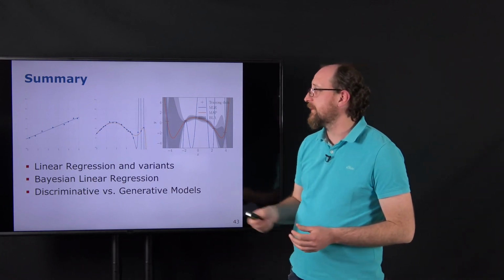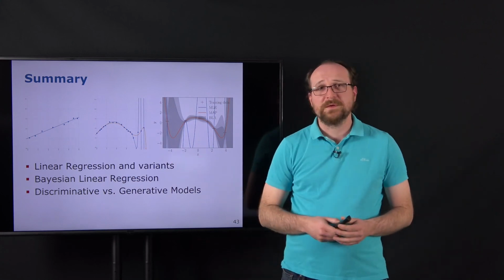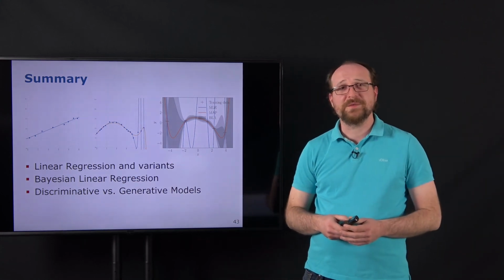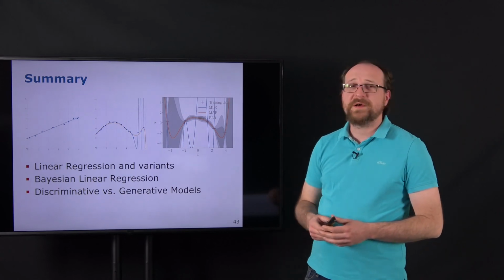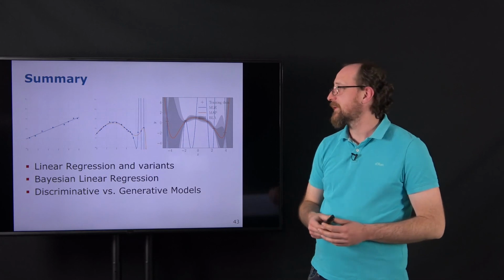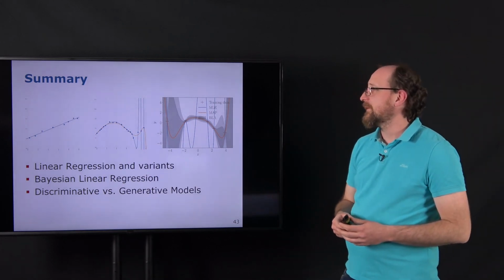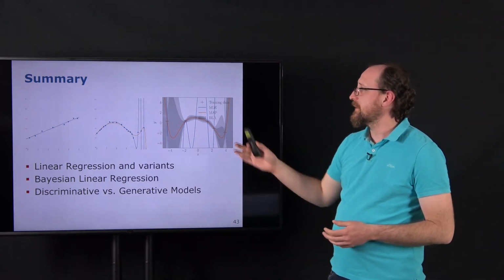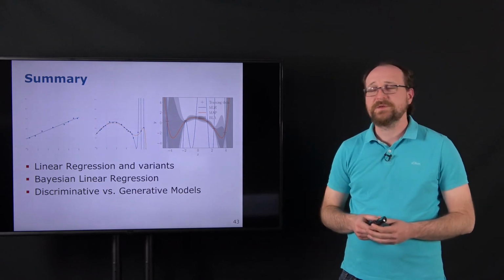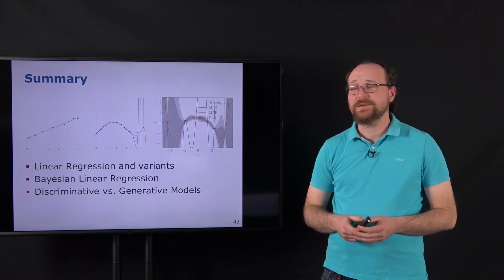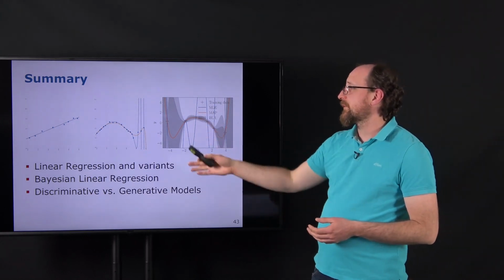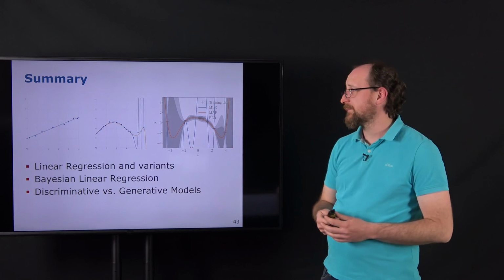And we saw that maximum likelihood estimation can lead to severe overfitting, and by then using the MAP estimates, we do a better job. And then we ended with the Bayesian linear regression, where we also get the full posterior over the parameters, and with this we can also have the confidence intervals.